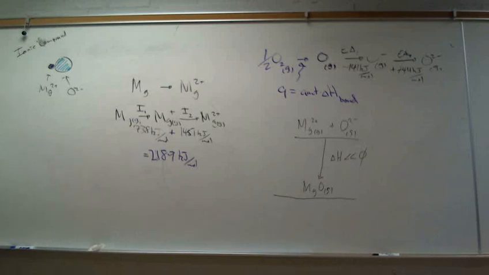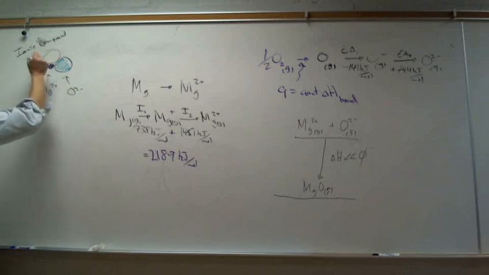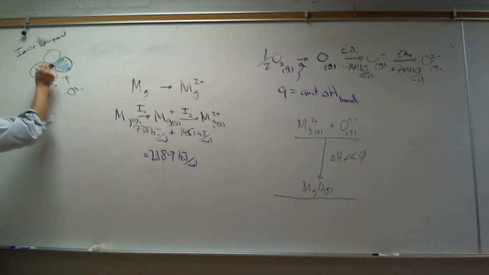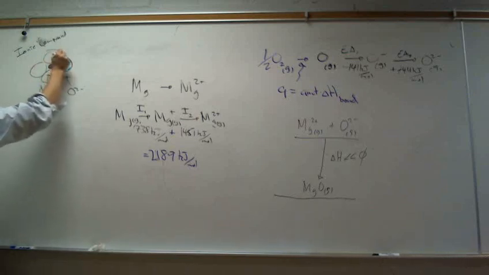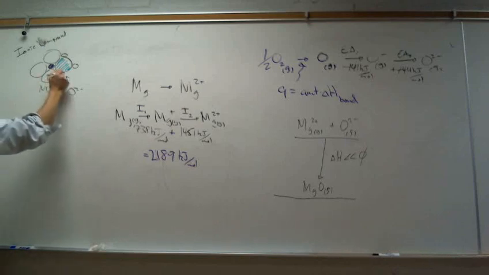That's it. But the interesting thing about this is it doesn't just form one bond. If you're a positive magnesium, you want to surround yourself by as many negatives as possible. And if you're a negative oxide, you want to surround yourself with as many positives as possible. And so what we end up with here is something called an ionic lattice.